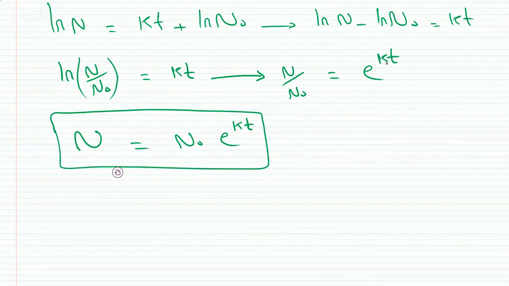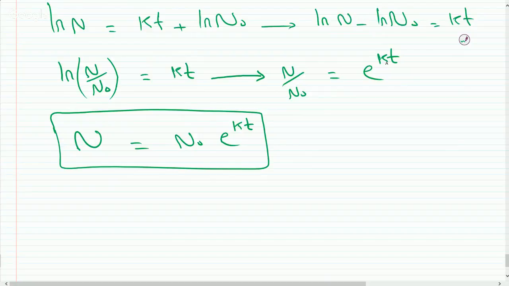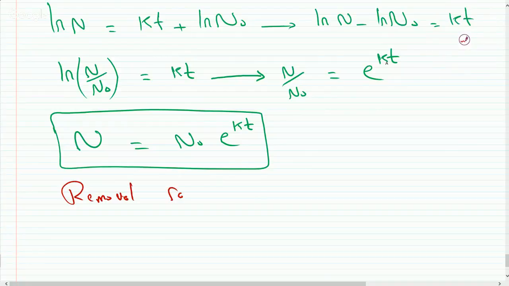Okay, now it says the population is reduced at a constant rate by the removal of bacteria. So let's say that the removal rate is r. Whatever r is, doesn't matter. Removal rate is r, and this is just bacteria per unit time, whatever the unit time is.